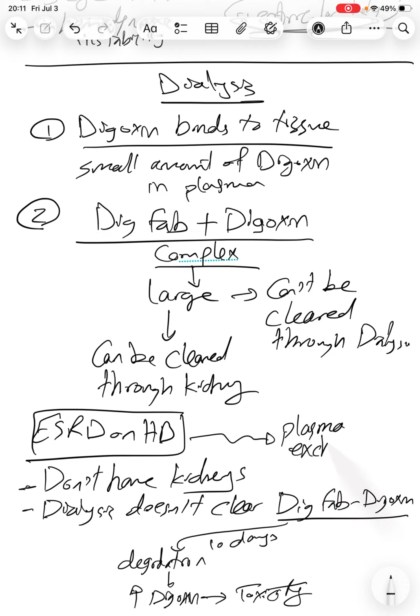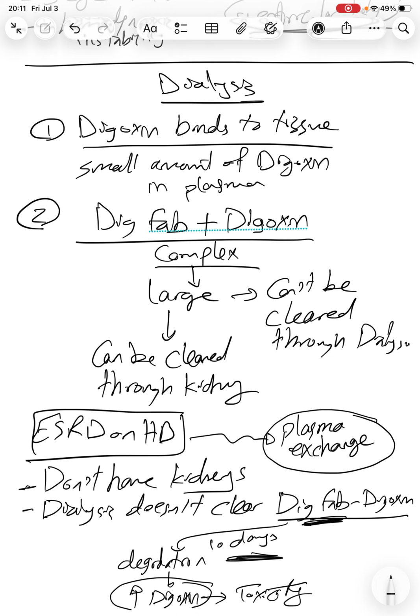In normal people, their kidneys will get the digoxin Dig Fab complexes outside, but in ESRD on hemodialysis, dialysis cannot do that for them, so they should get plasma exchange. If they don't get it, after 10 days the Dig Fab will be degraded and digoxin will be elevated in the blood again, and the patient will have another episode of toxicity.